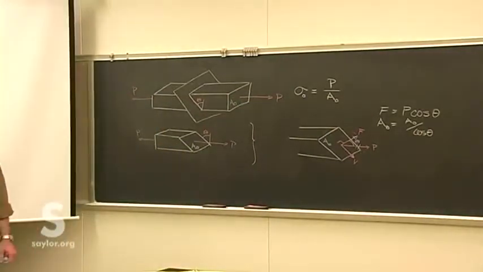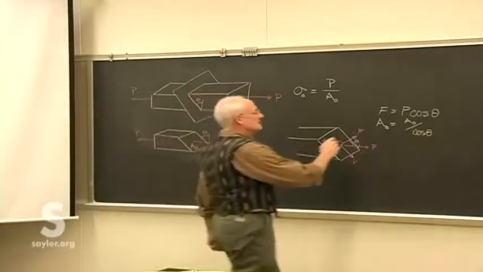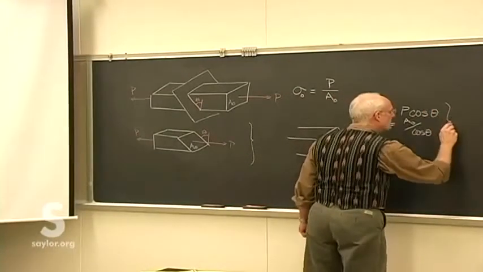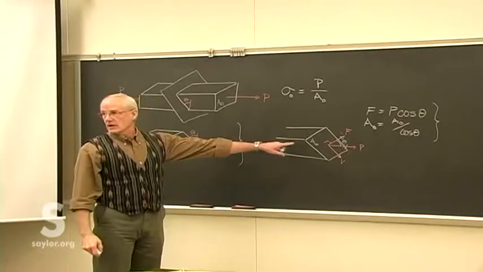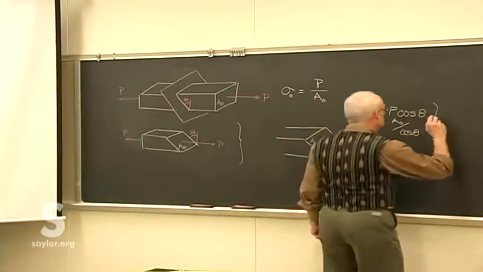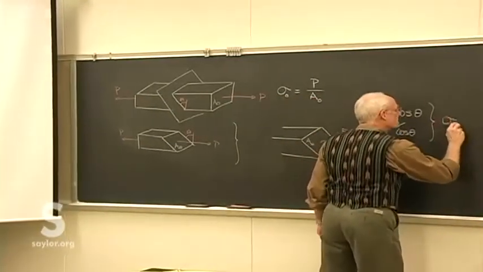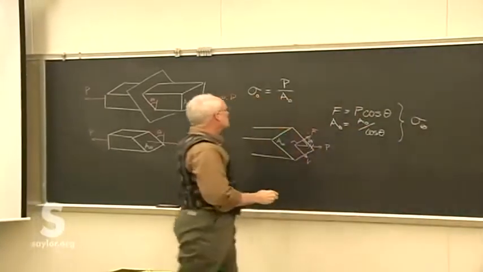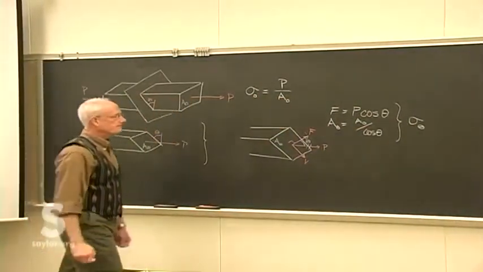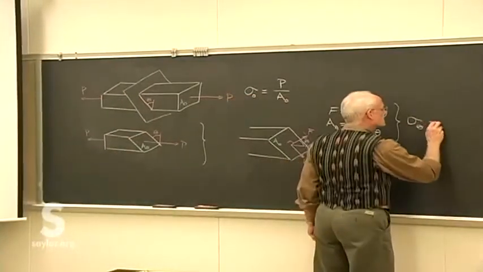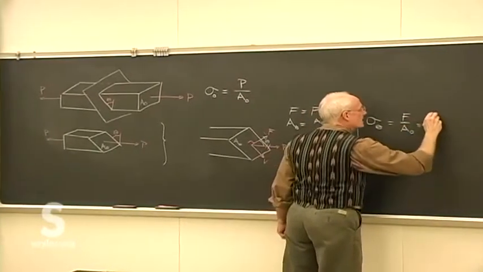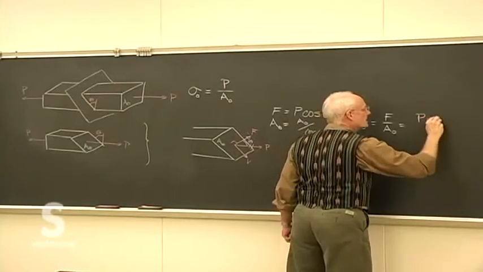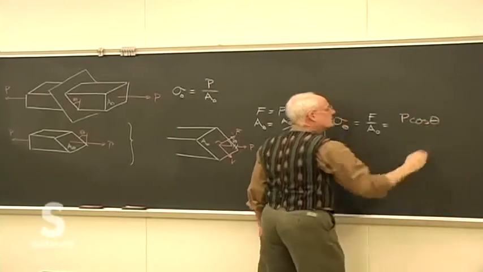So if we put those two together to see what the internal normal stress is at an arbitrary angle theta, I'll call this sigma theta. It's F over A theta, which is P cosine theta.